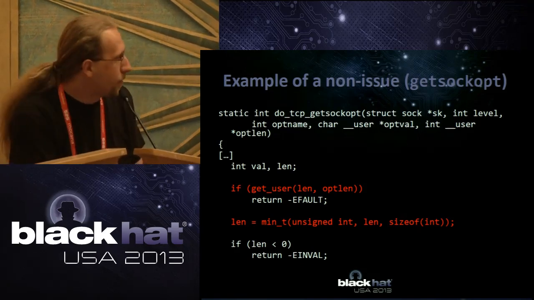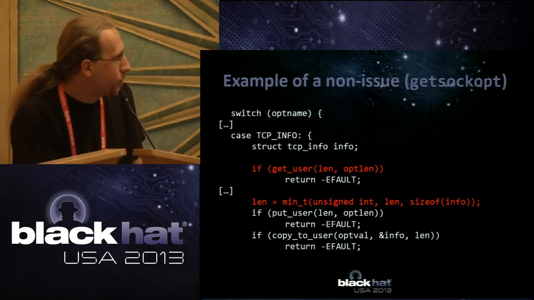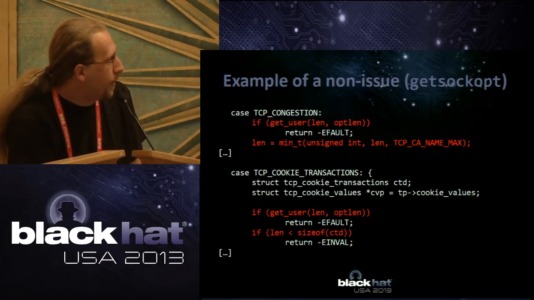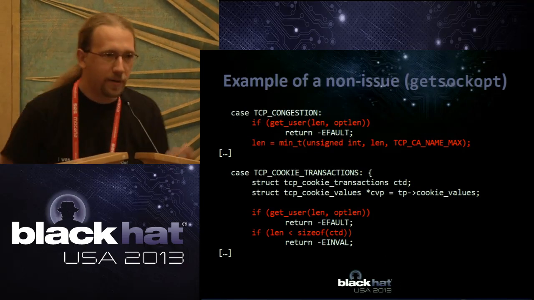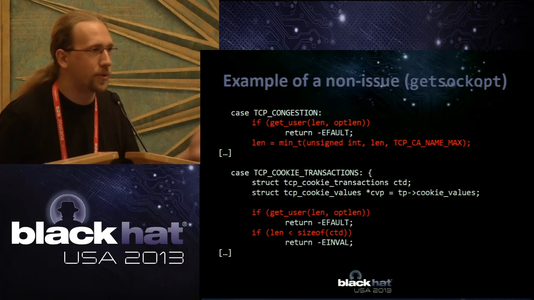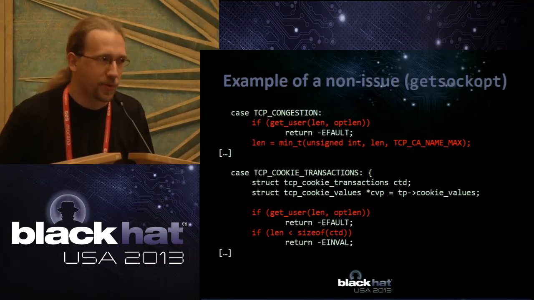And then does something to it, calculates a minimum value. And then again, if you go deeper into the function, there's a switch case, and in some cases you get the fetch again. However, due to how this variable is used, you cannot do anything malicious with it. You cannot actually use it to get root. So it's basically a false positive in terms of vulnerabilities.